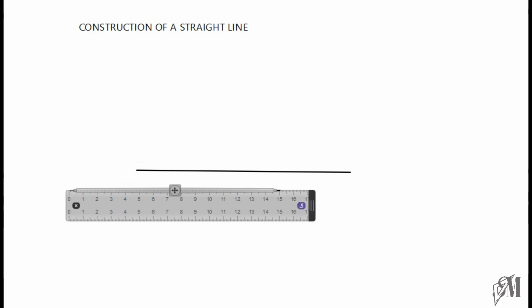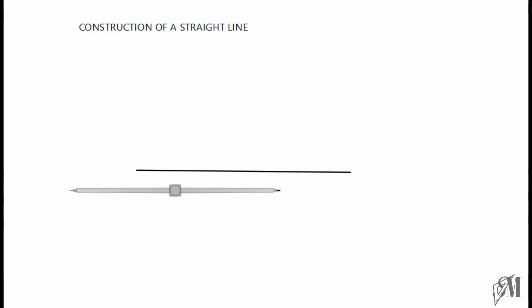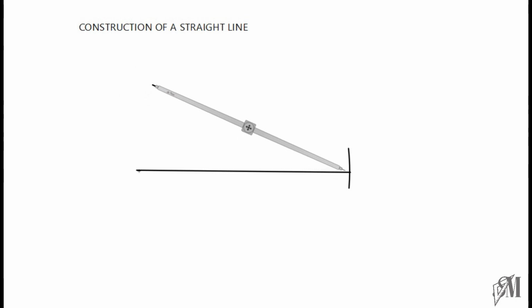Now you can see how I measured it, and then I place it in one corner of the line I drew and draw an arc on the opposite corner like this. Then I move my compass to the arc I drew and place it like this. Then with the same length I draw another arc on this side to make sure the line segment is of 15 centimeters.